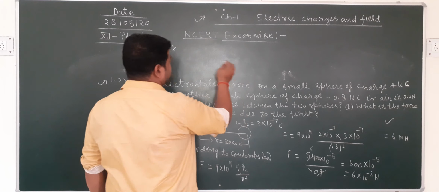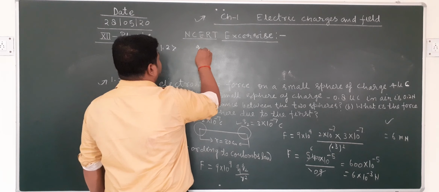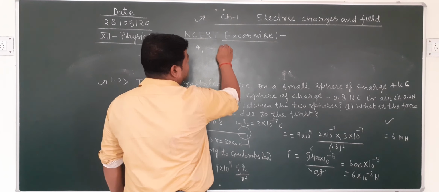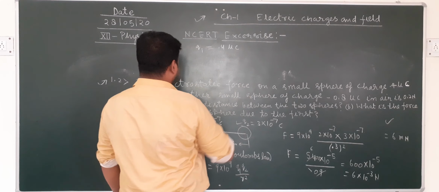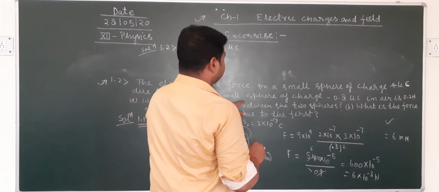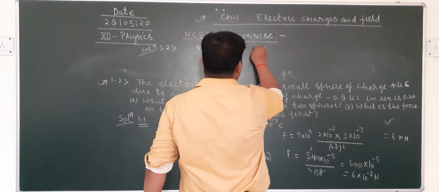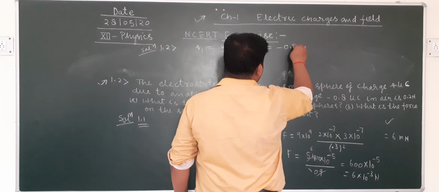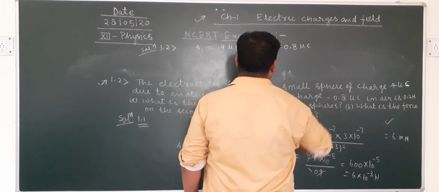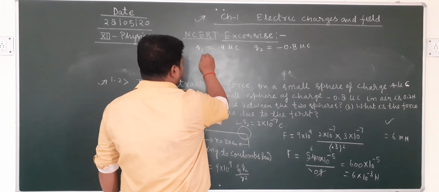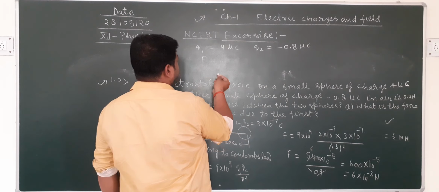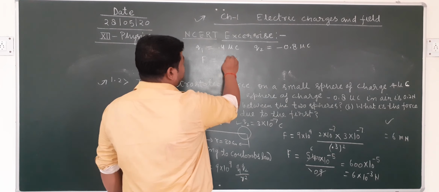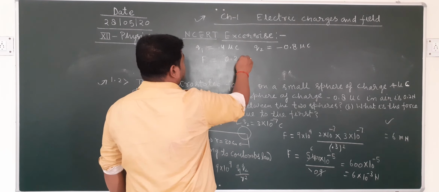Small sphere, the value of Q1 is equal to 0.4 microcoulomb due to another small sphere of charge, that is Q2 is equal to minus 0.8 microcoulomb. F is equal to 0.2 Newton.